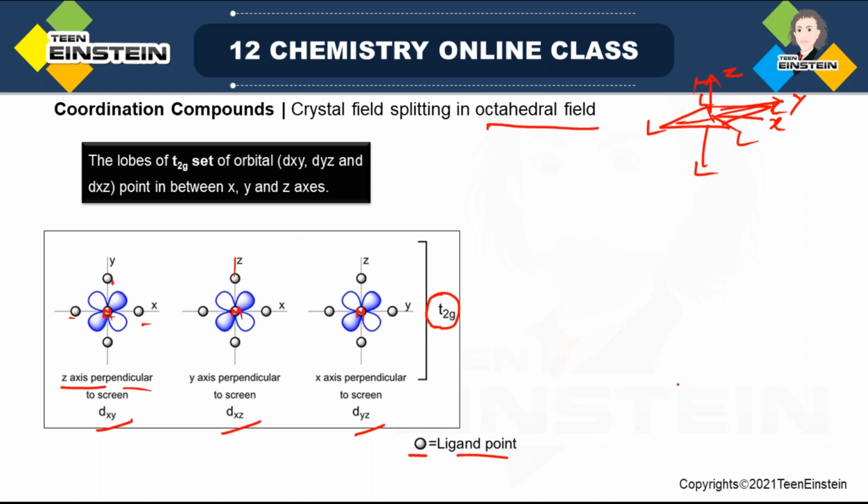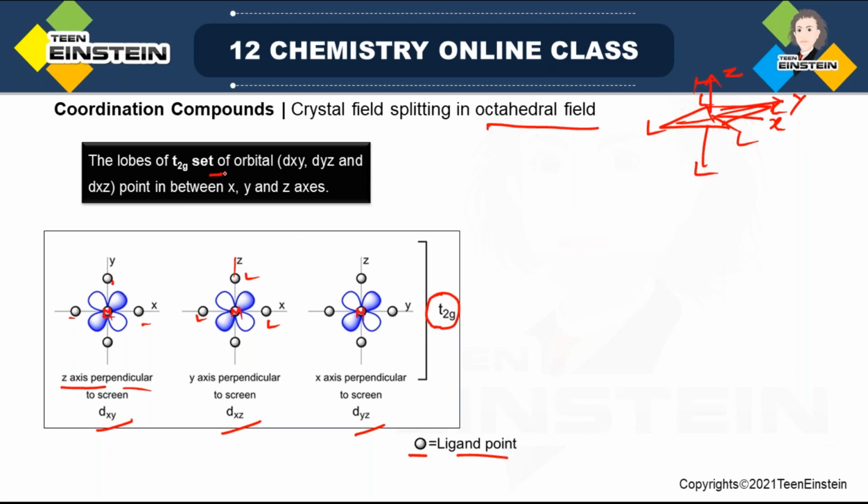So here the important point to understand: the ligands, when approaching, their approach is on the axis. So there is no direct interaction with the lobes of the d orbital of the metal, right? So this is a common point. Ligands are not interacting directly with the lobes, because lobes are in between the axis and ligands are coming directly on the axis, right?